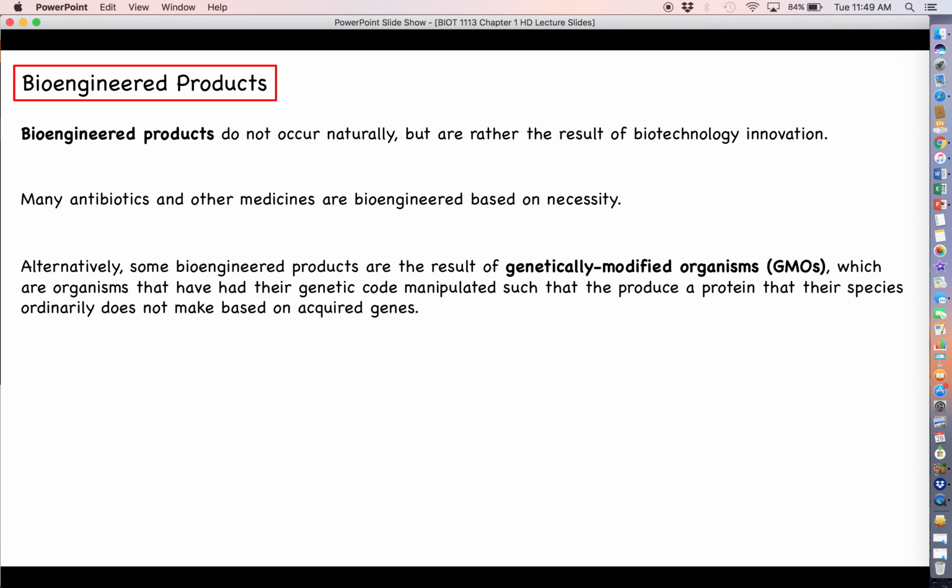So another way of producing bioengineered products is by creating what are called genetically modified organisms, or GMOs. Naturally, you probably hear this term most frequently when you're talking about agricultural stuff, hybrid grown tomatoes and things like that.